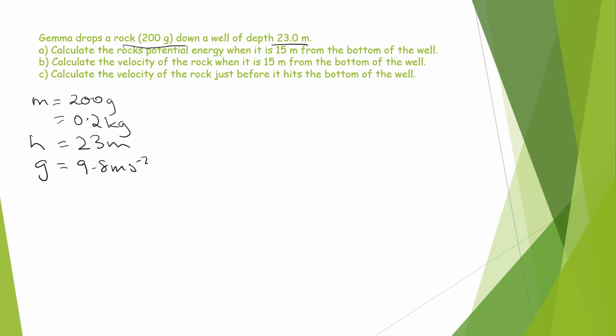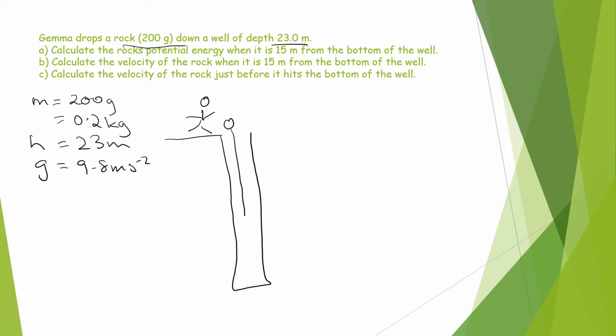Here is our picture of Gemma, standing on the surface, and she's going to drop a rock that goes all the way to the bottom. At the top here it has maximum potential energy, and at the bottom here, just before it hits, it has maximum kinetic energy.